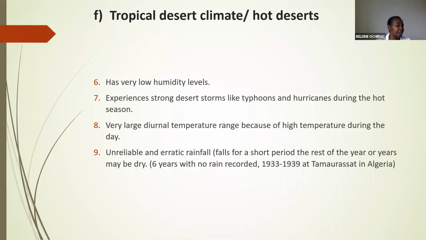Tamarasat is in Algeria. So they have the data with them, and it is said to be unreliable and erratic. Erratic because when it falls, it falls in torrents.